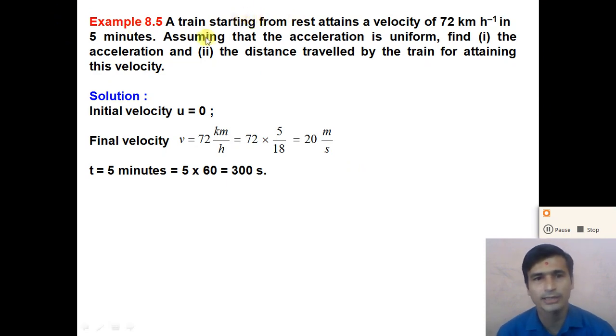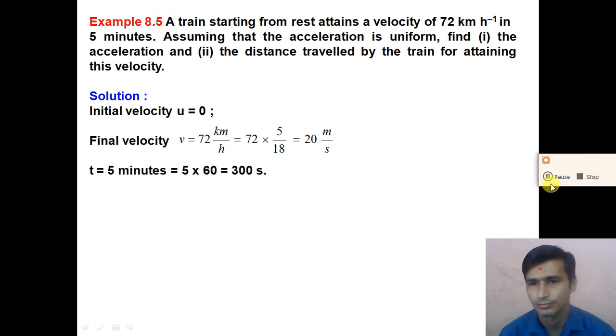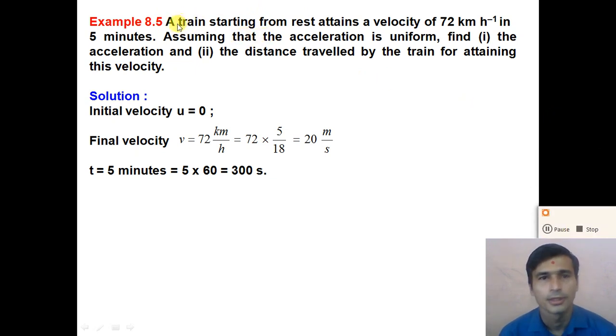The sentence of the example is: a train starting from rest. What does rest mean? A train starting from rest. Rest means the initial velocity of the train is 0. So here we take the initial velocity of the train u is equal to 0.